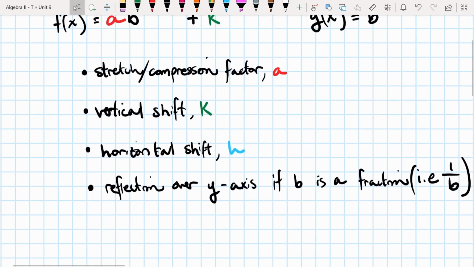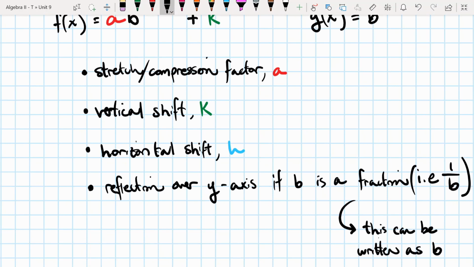Another way you can write this, so let's say this can be written as b to the negative 1. So if the base of the exponent is a fraction, or if the exponent has a change in sign, that is a reflection over the y-axis.